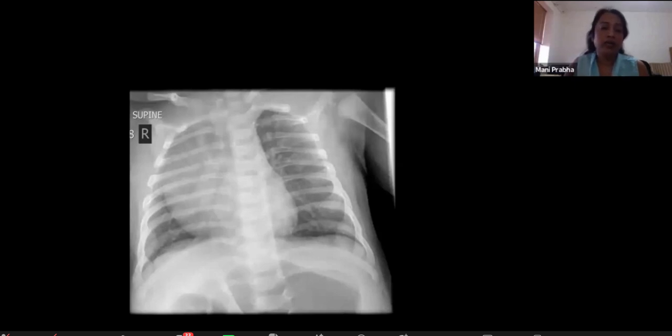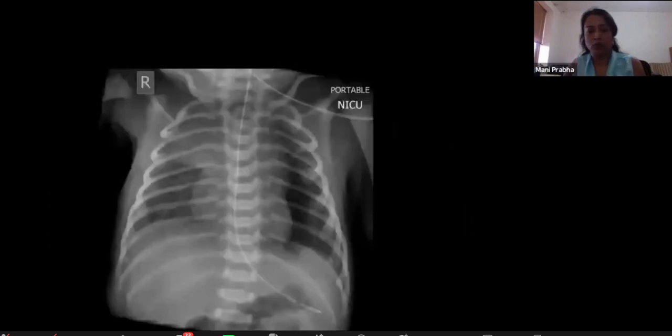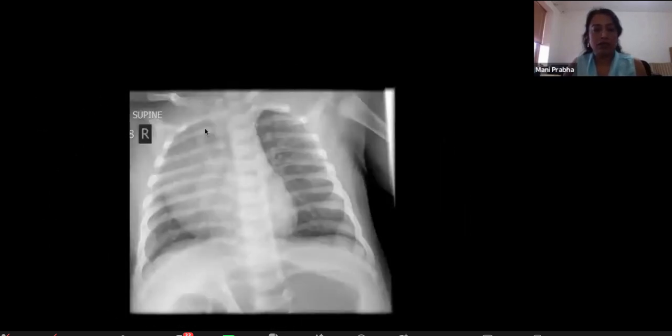The clue is that this is not dense. Look at the margin, that it is well demarcated, which points to a benign abnormality or benign condition you are dealing with.